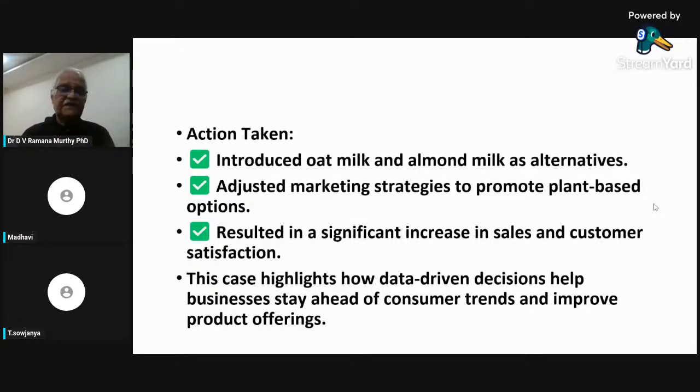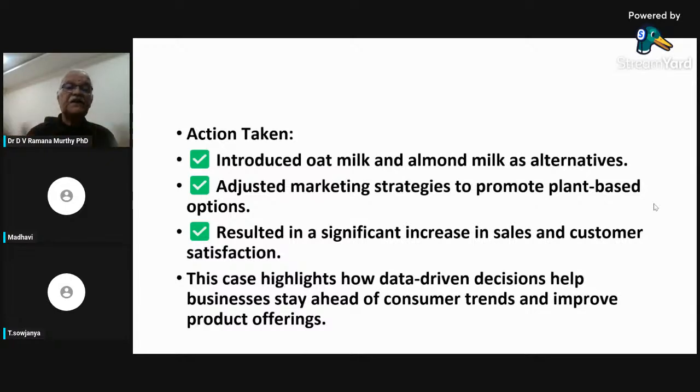Is it not the responsibility of the company to take action on that? Yes, of course. Then see what action they have taken. One, they introduced oat milk and almond milk as alternatives. See here, oat and almonds are plant based.